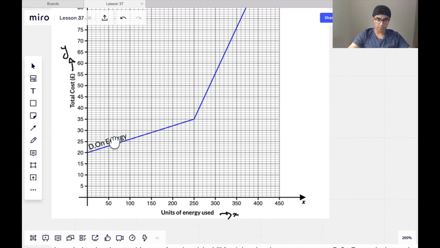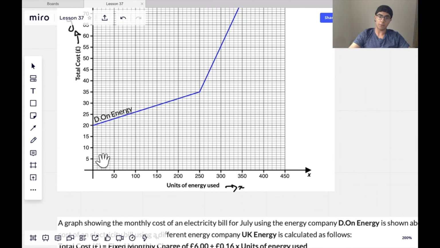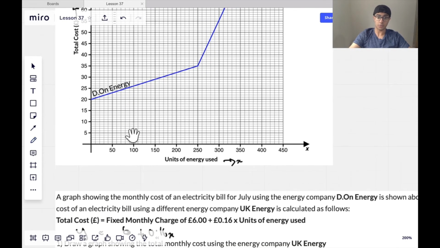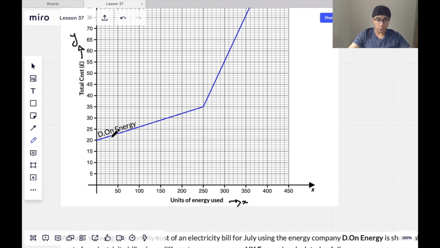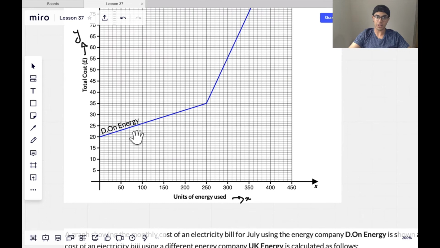It's saying when 0 units of energy is used, you're still being charged £20. And that's like the fixed tariff, right? The fixed monthly charge. And then the gradient will be, if the units of energy increases by 1, how much does the total cost increase by? So that's the cost per unit of energy used, for example. So that's what the gradient is.